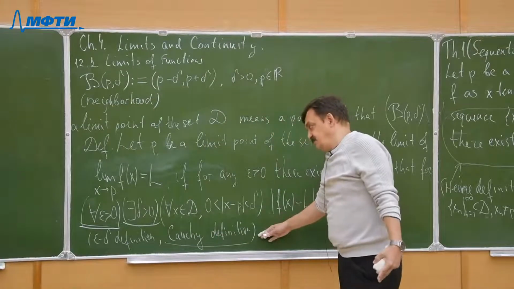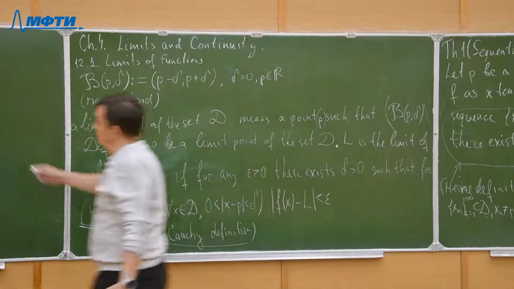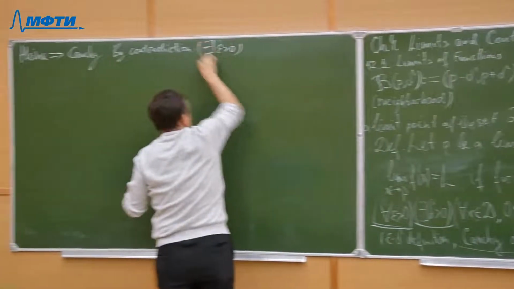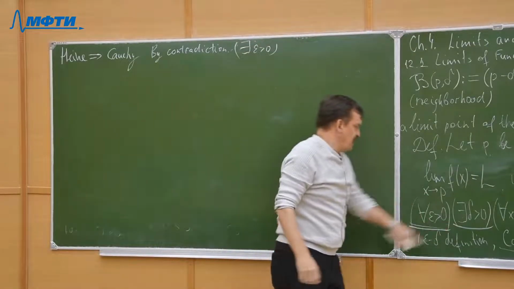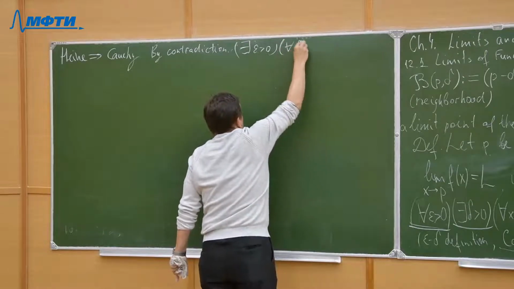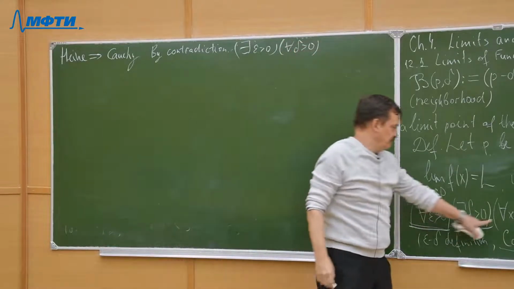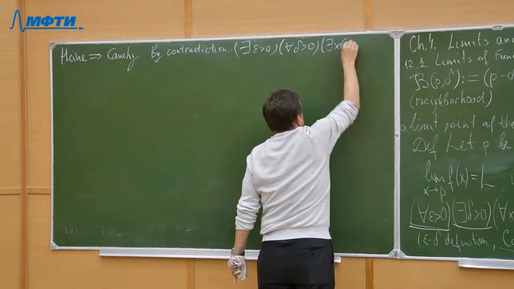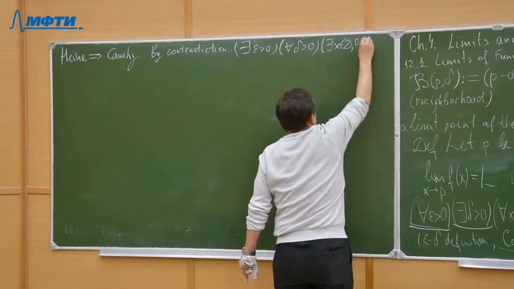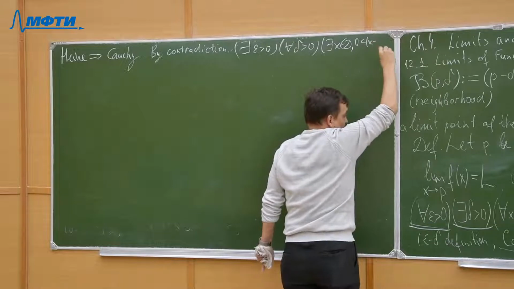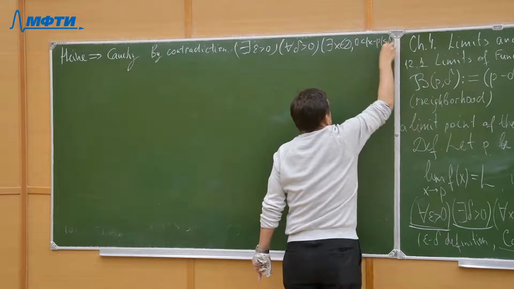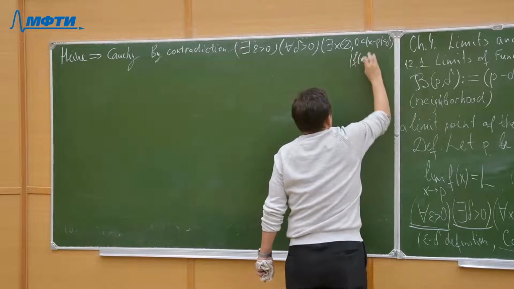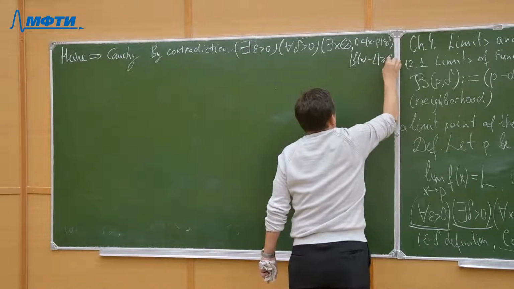If it is not satisfied, it means that there exists epsilon greater than 0, so opposite, such that for arbitrary delta greater than 0, there exists x in D, 0 less than modulo x minus p less than delta, and f of x minus L greater or equal epsilon.